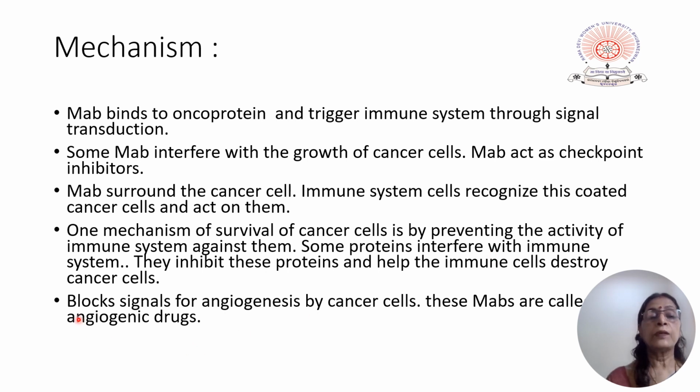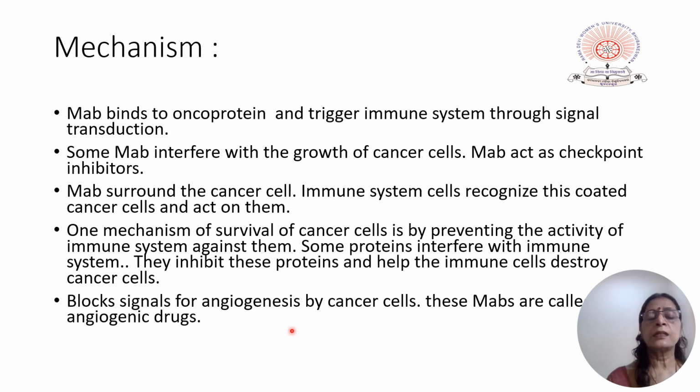Another way by which the MAB treats the cancer cells is that it blocks the signal for angiogenesis. Angiogenesis is the production of blood vessels by the cancer cells.